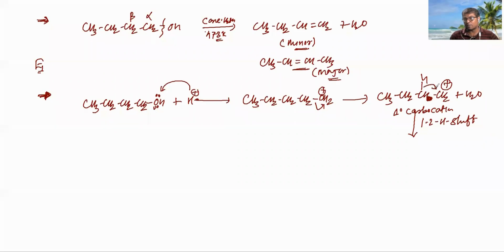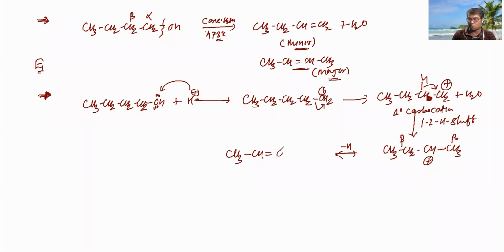By shifting the hydride, it is converted into the stable secondary carbocation. Then it undergoes elimination, removal of hydrogen from the beta carbon, and from this we get two products, one major and one minor.